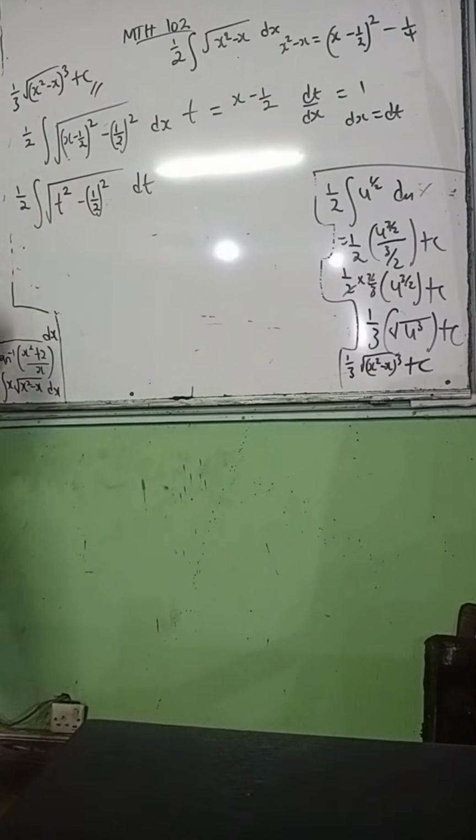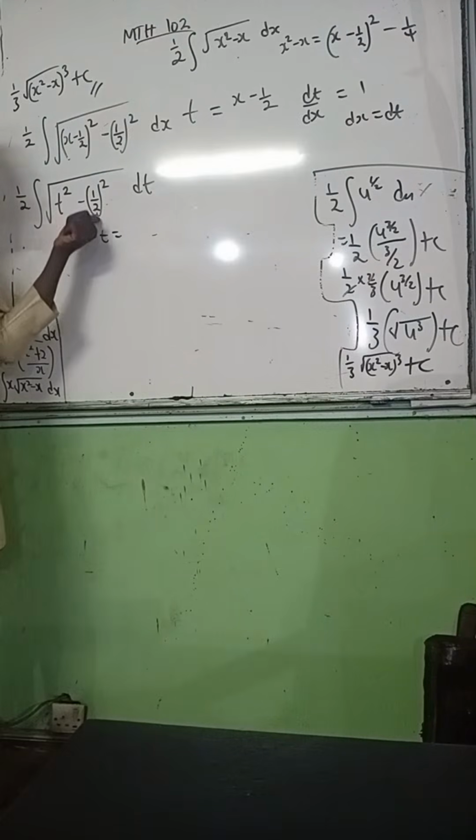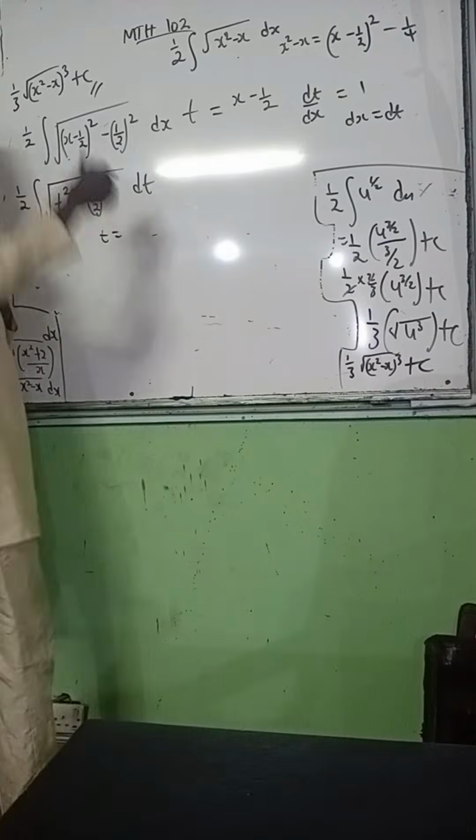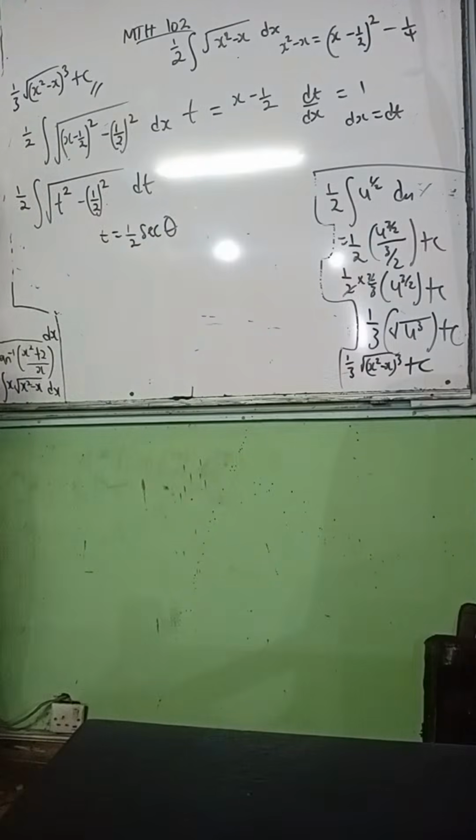So this looks like root of t squared minus a squared, and we have a standard integral for that. But let's solve it. What do we use? Let t equal sec. Yes, it's sec, not tan. So sec squared theta minus a constant, but here our constant is not 1. That means t equals 1 over 2 sec theta.